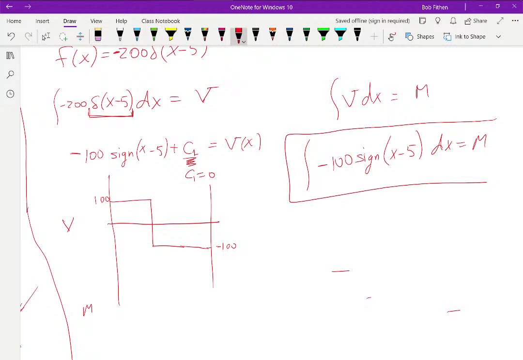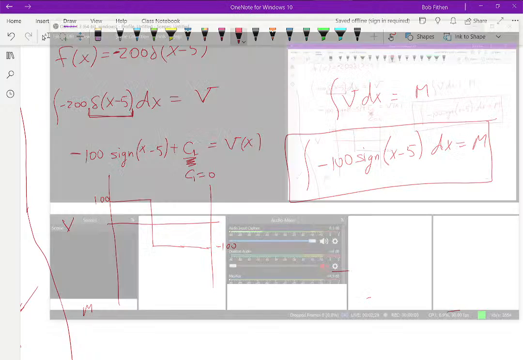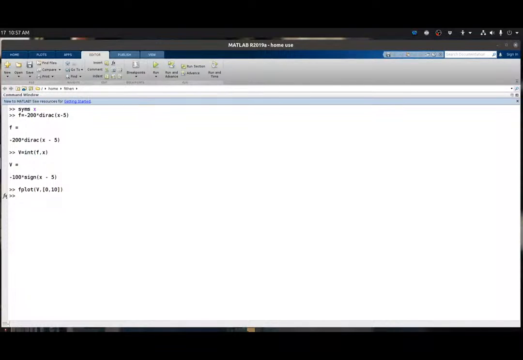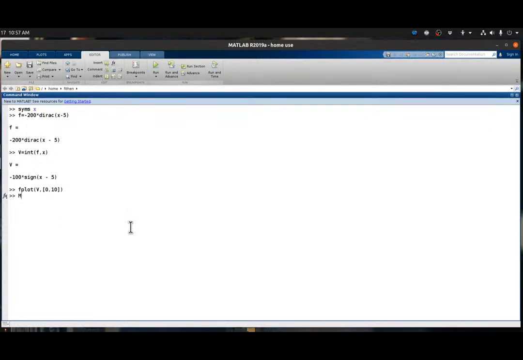What does this do in MATLAB? Okay, so let me push us back to the other screen, to the other computer. Okay, we're at the other machine now. And we want to integrate: moment is equal to the integral of the shear, with respect to x.